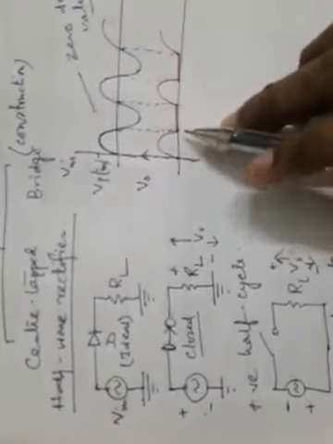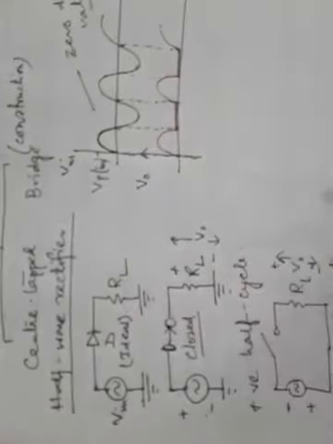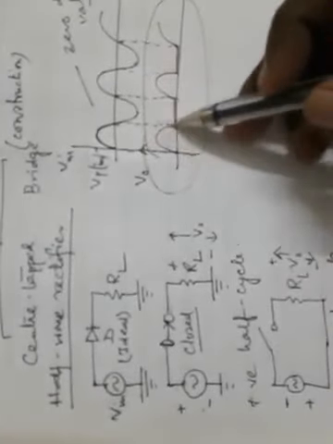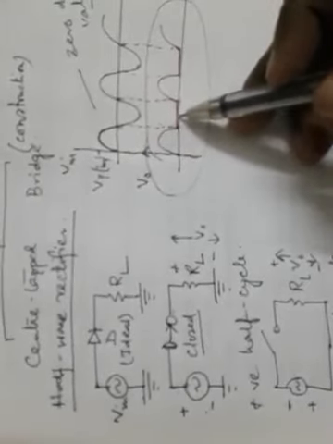But in the output, because of this half wave rectification action, this signal is called a half wave rectified signal. Because of this action, the positive peak at the output is present, but the negative peak is clipped off, that is absent, based on the negative half cycle of the input signal.